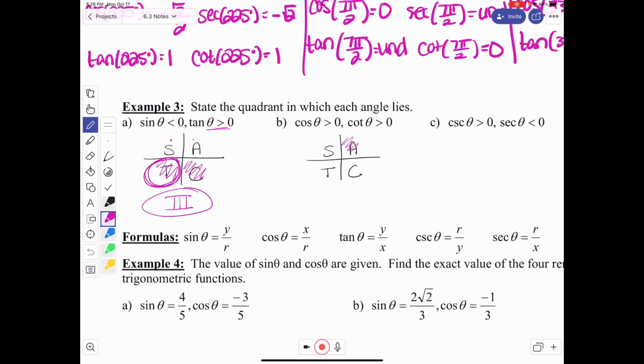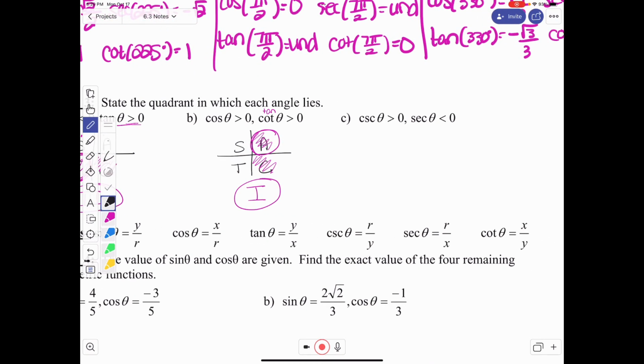Cosine is positive in the one that's marked all, and cosine is positive in this one. Then it tells me cotangent is positive. Remember, cotangent goes with tangent, and it says cotangent is positive. Between these two that are marked, which one is tangent or cotangent going to be positive? It can only be positive in that one. So it's in quadrant 1.